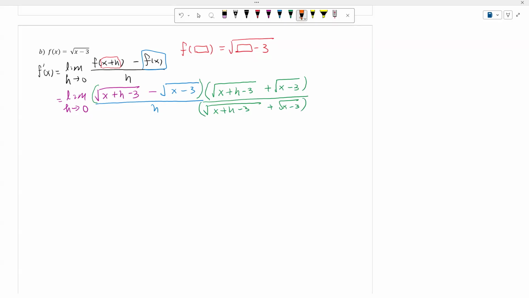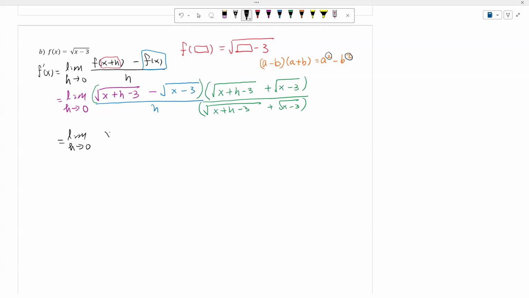Again, conjugate pair: a minus b times a plus b equal to a squared minus b squared. Okay. So this is the reason why we like to work with the square root, okay? Because the square here will take care of the square root, okay?